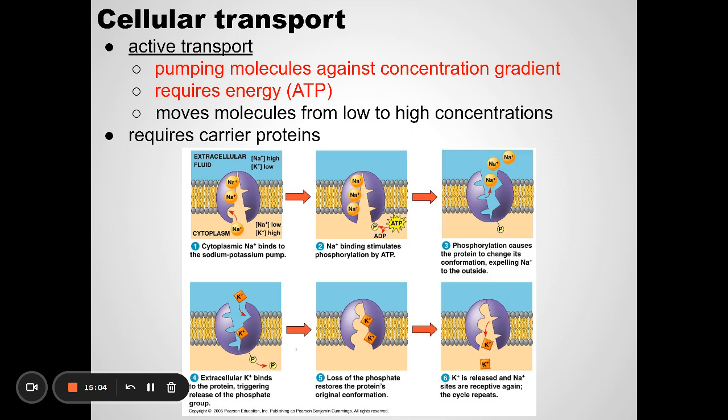This works by some proteins that are in the cell membrane. If we're trying to get this sodium outside of the cell from low to high concentration, it's not going to do that on its own, so it takes some energy. These proteins take the sodium, ATP is used, and it pumps it out.